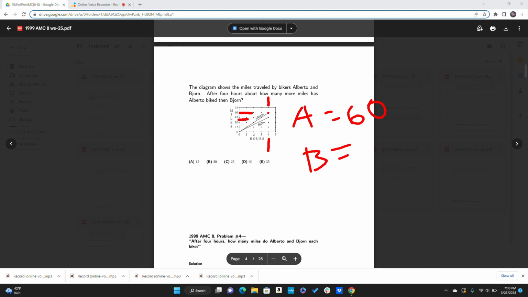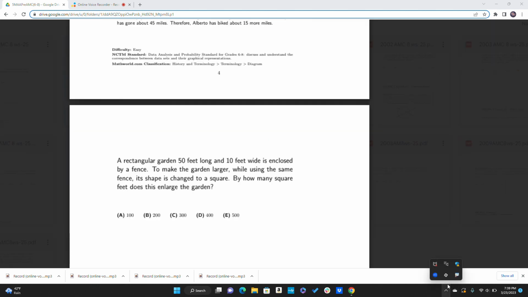So this question is asking how much more is 60 than 45? We figure that out with 60 minus 45. Be sure to take your time. It's okay to write it down, no shame in writing things down. 60 minus 45 gets you to 15, so that is our answer.